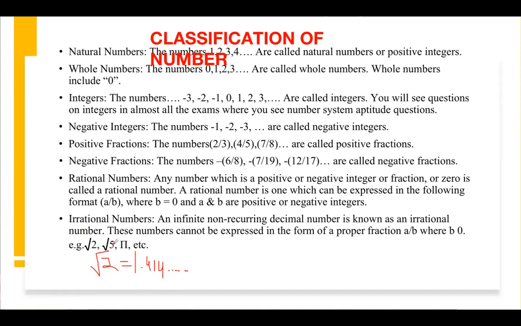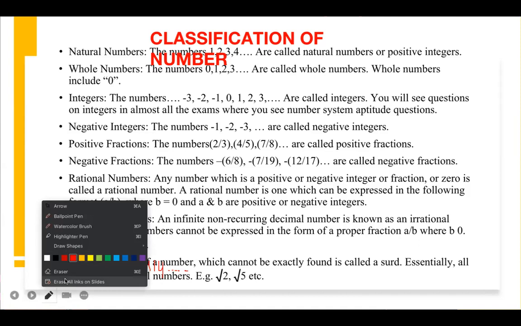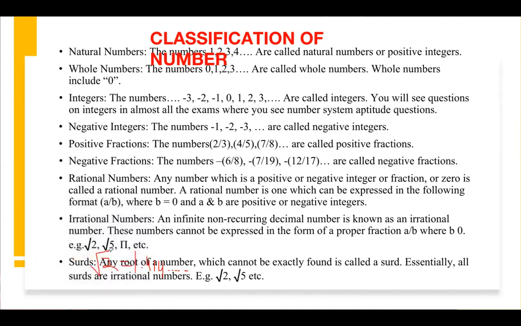That means root 2, root 5, pi. The value of pi is 22/7. So these are all irrational numbers. If we take a surd, a surd means any root of a number which cannot be exactly found.